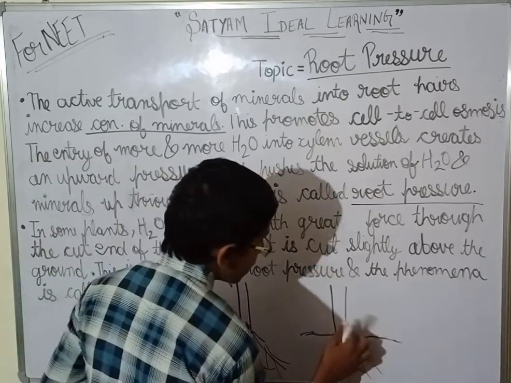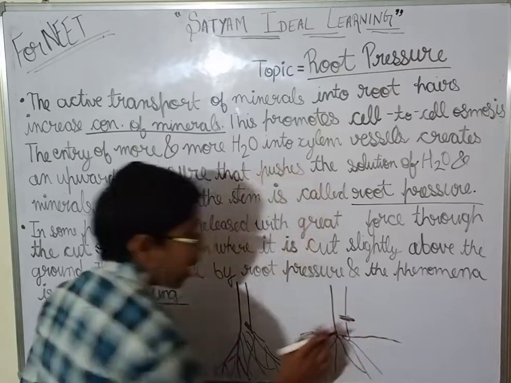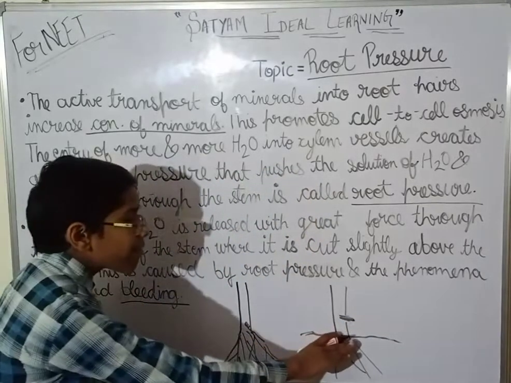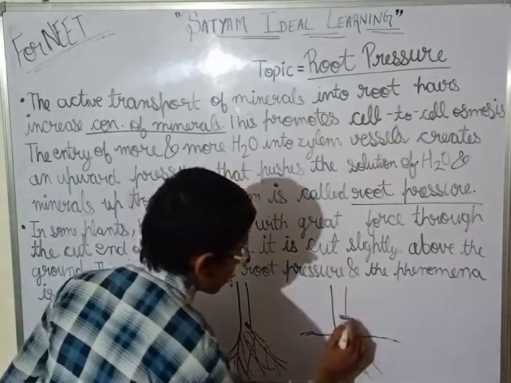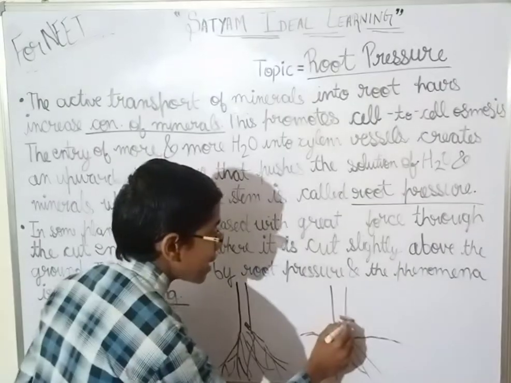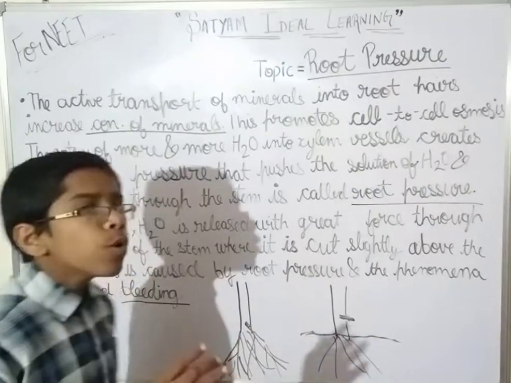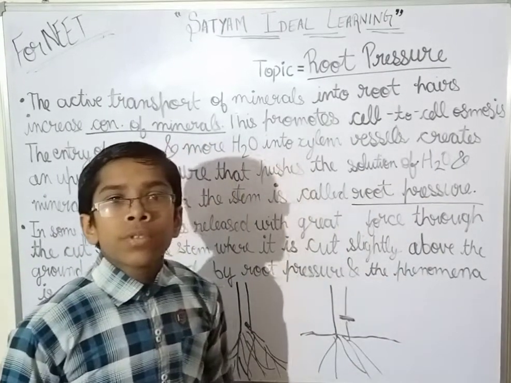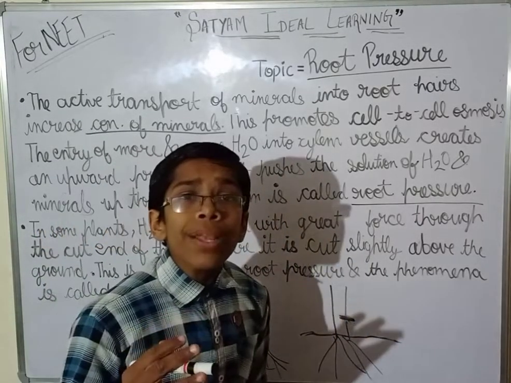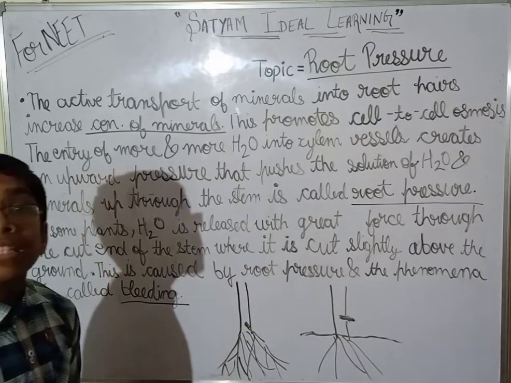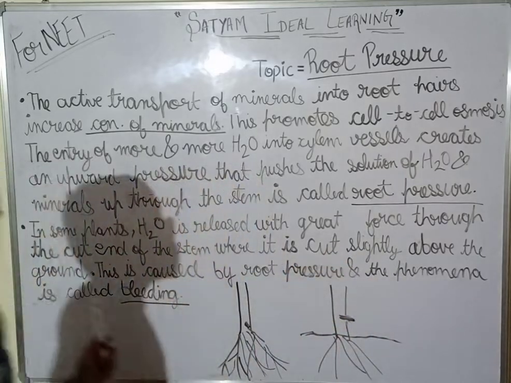Now you have to cut this portion, just above the ground level, a slight cut just above the ground level. And then what you will notice is that the water is coming out very forcefully. Why is the water coming? Because of the root pressure. Root pressure is happening inside, and this phenomenon is known as bleeding.